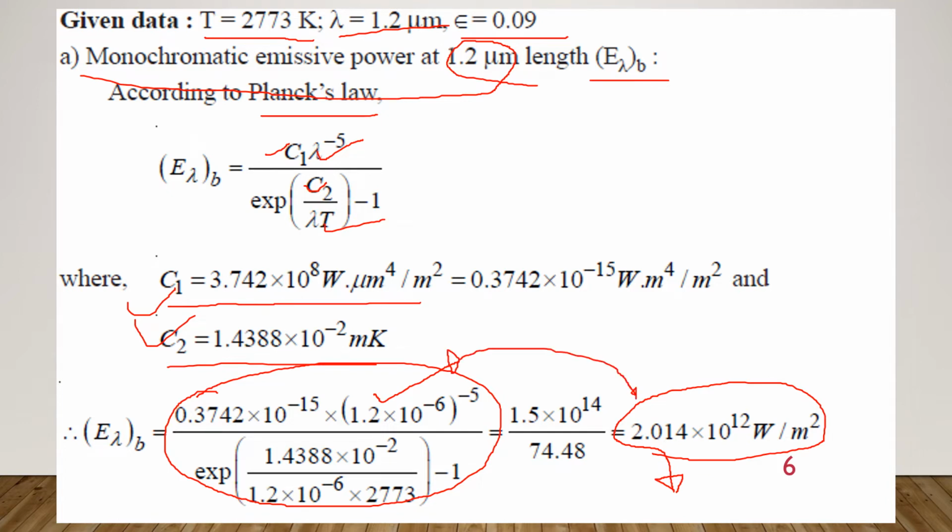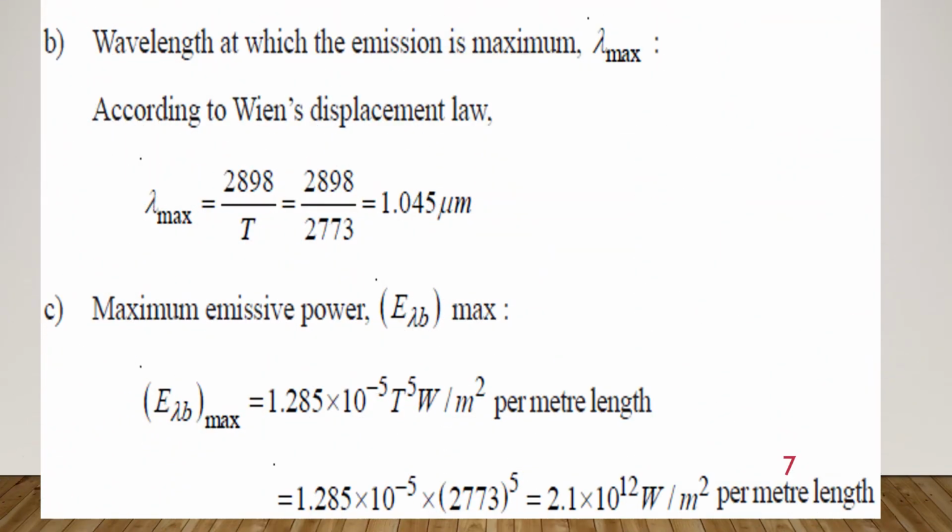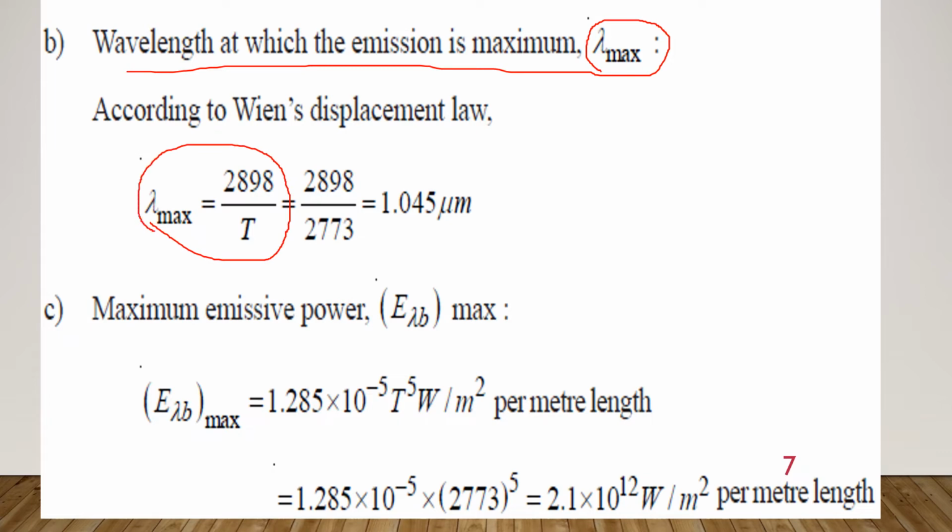This is the first required answer. Now the second thing to find is the wavelength at which the emission is maximum, that is lambda max. According to Wien's displacement law, lambda max into T is 2898. We know what the T value is.